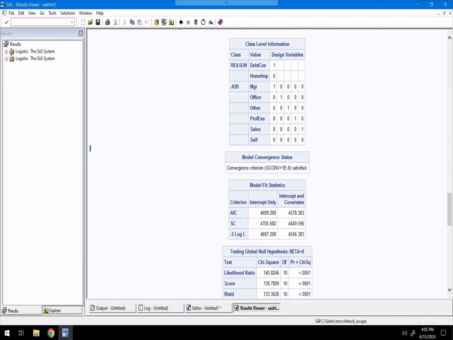We have our global tests. There's 3 different ones. I forget, one is recommended over the others in most situations. I'm not good at remembering which one because they pretty much always agree in every real life data set I've used. But they're essentially saying, is at least one of the variables in my model significant, yes or no?